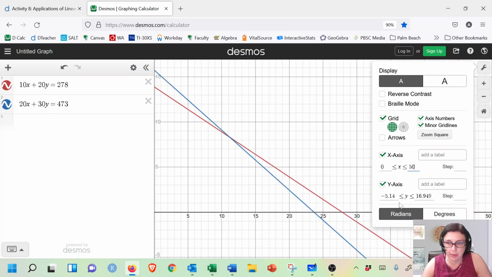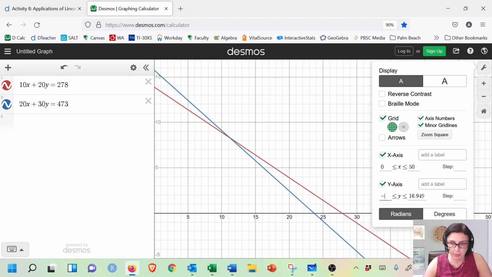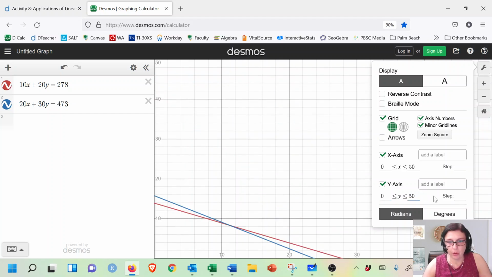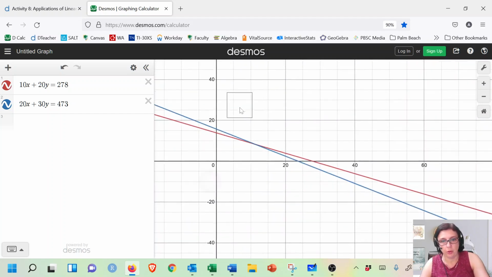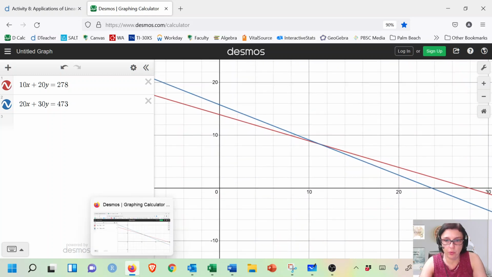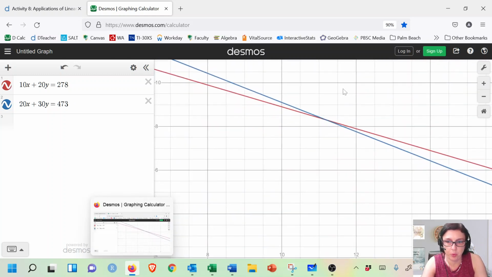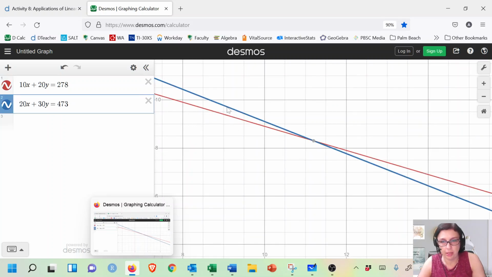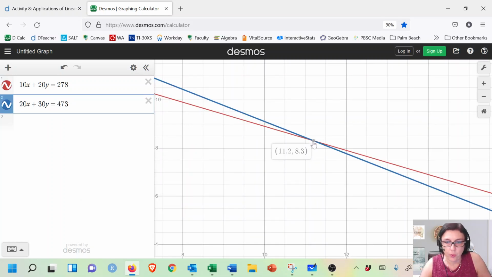So you can put that in there, and y will be maybe also 0 and 50. And so that's going to allow you to narrow the window, right? So what you want is you want to be able to see that point of intersection. So that may require some stretching and stuff like that. But once you focus on it, Desmos is going to show you the answer. So if you can find it, then you're golden.